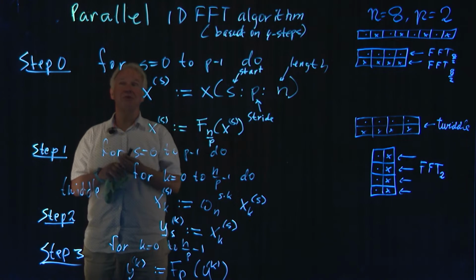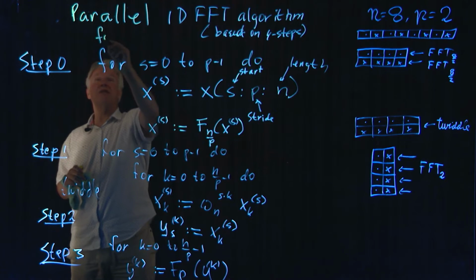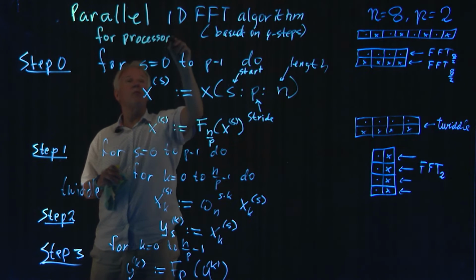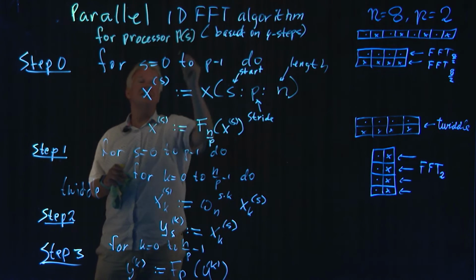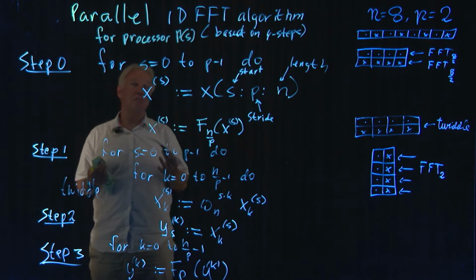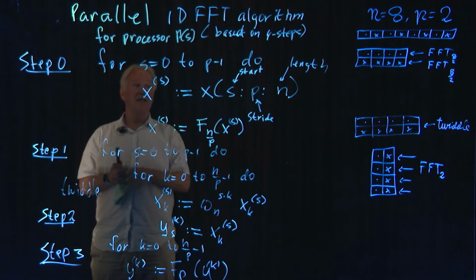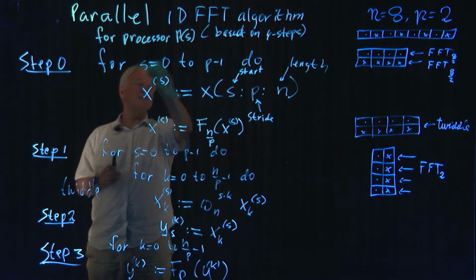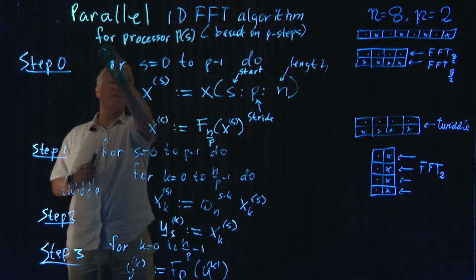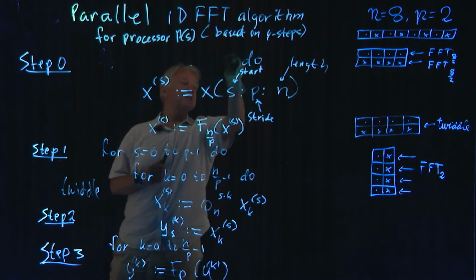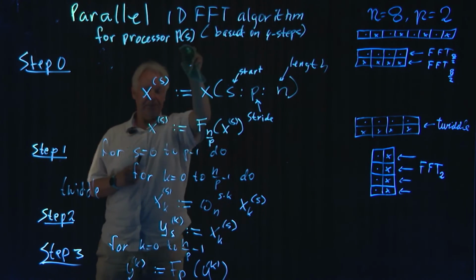We want to write a program for one processor, for processor PS. And this is called the single program multiple data, the SPMD style. So that means that we do not have to write this loop anymore, because each processor does it for its own data.